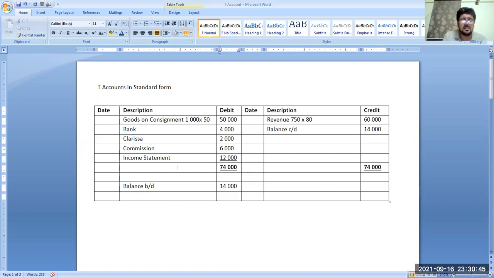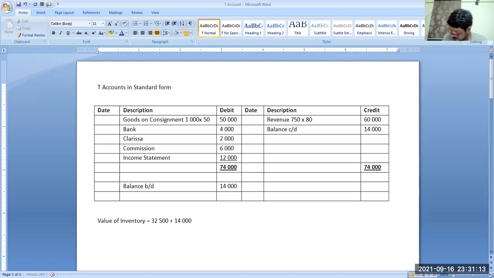Now, what next? Calculate the correct value of inventory. Now, the value of inventory is 32,500, which is given in the question. Yes, closing inventory 32,500 plus inventory in consignment 14,000.